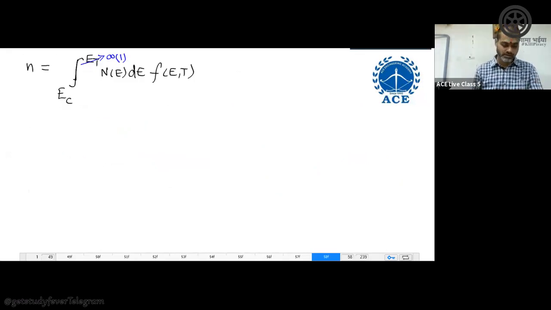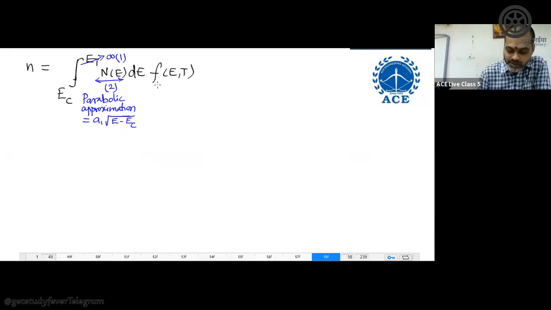Now, for the density of states function, what approximation are we using? The parabolic approximation, which gives some constant a1 into the square root of E minus EC.